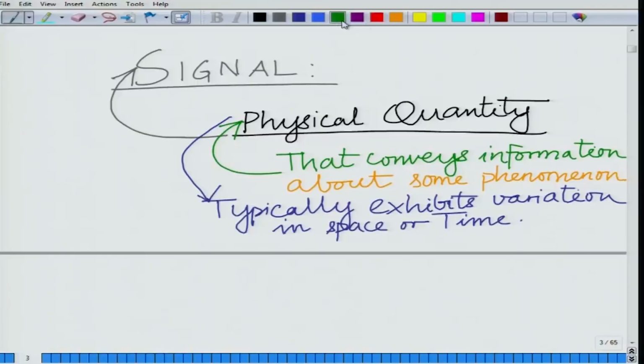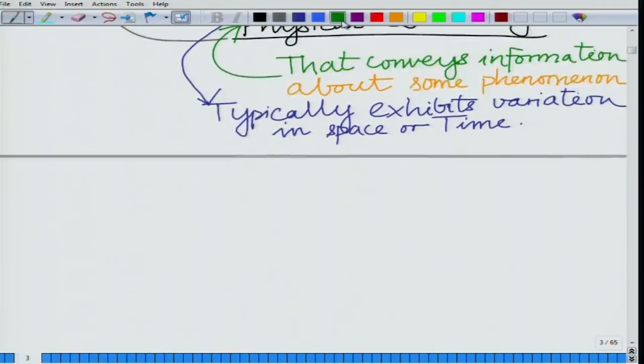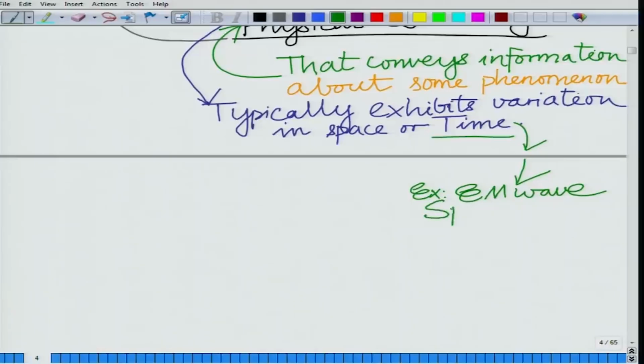Okay. For instance, let us look at time. We can talk about a signal in time, such as an electromagnetic wave. These are all examples: an electromagnetic wave, or a speech signal, a voice signal.